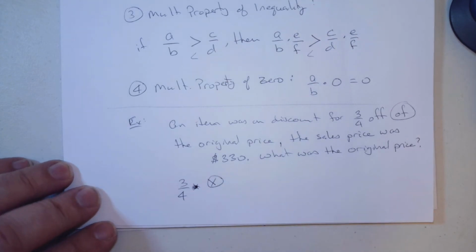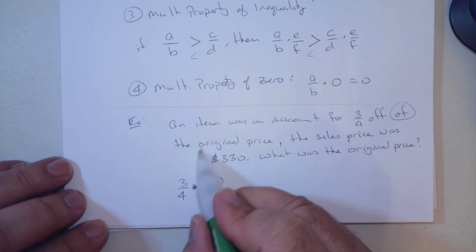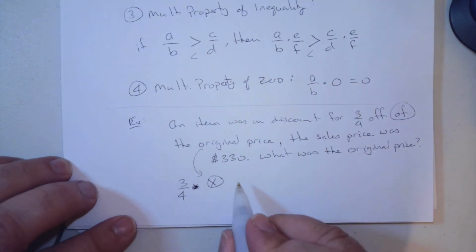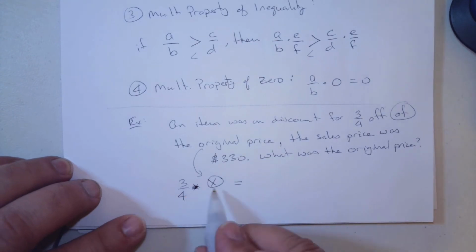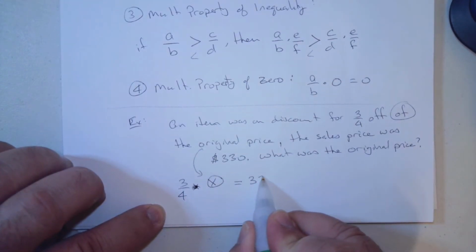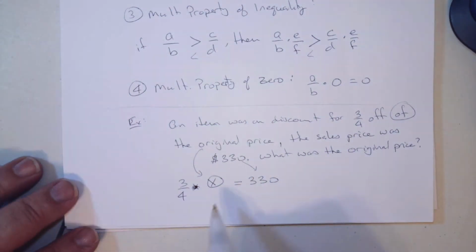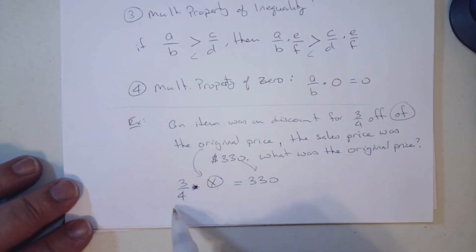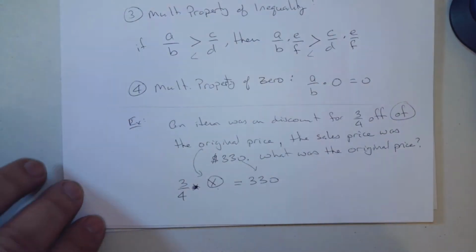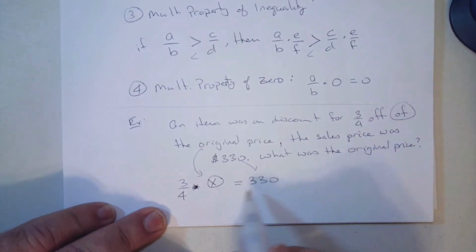We don't know what that is. But we do know 3/4 of the original price became $330. That's what it sold for. So whatever the price was, we took 3/4 of it, and it equaled $330. Find X. What was the original price?